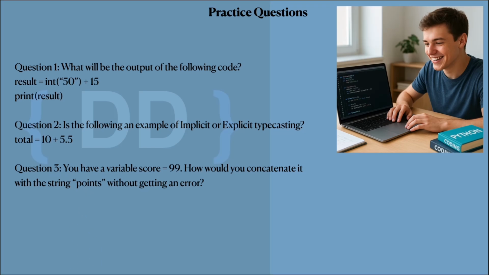Now, the last question: how do you safely join the number 99 with the word points in a string? You need to use str to convert the number before combining. So str, in the parentheses you mention score, plus you have quotes points, and then close the quotes. Getting these right shows you're thinking like a real Python developer.